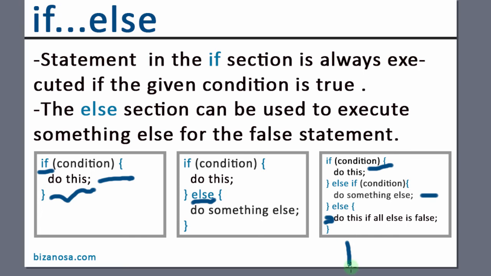It only does the first true. So if it goes through the first one and sees this is not true, it will pass that. Else if this is not true also, don't do that. And if we have another else if down here which is true, then we will do that. So it does the first true one. And if none of the above is true, it's just going to go directly to the else and do whatever you tell it to do in the else. If everything else fails, just do this.